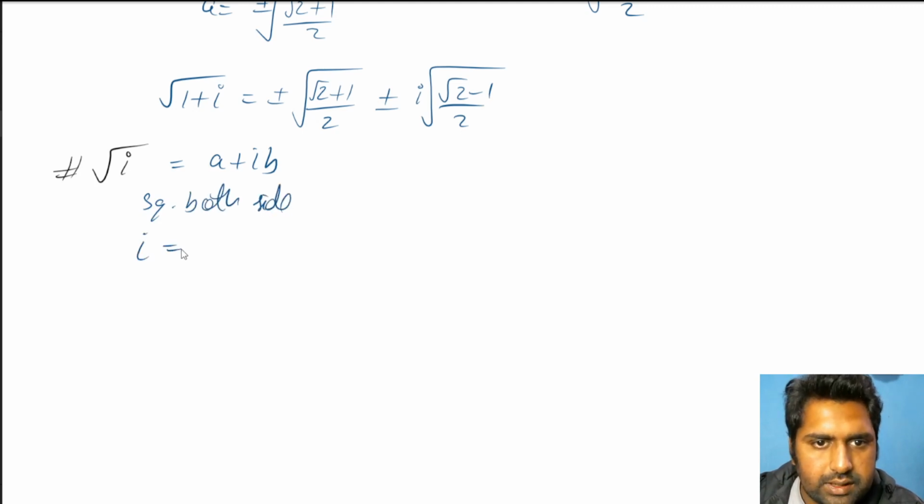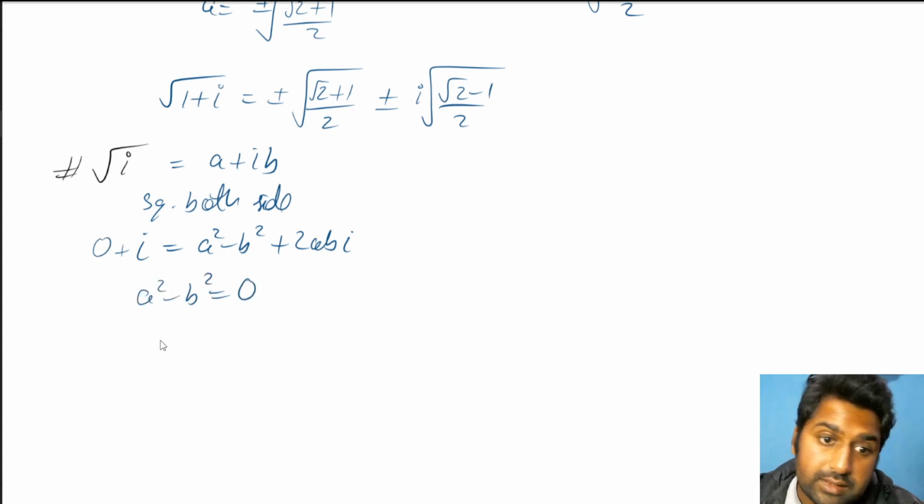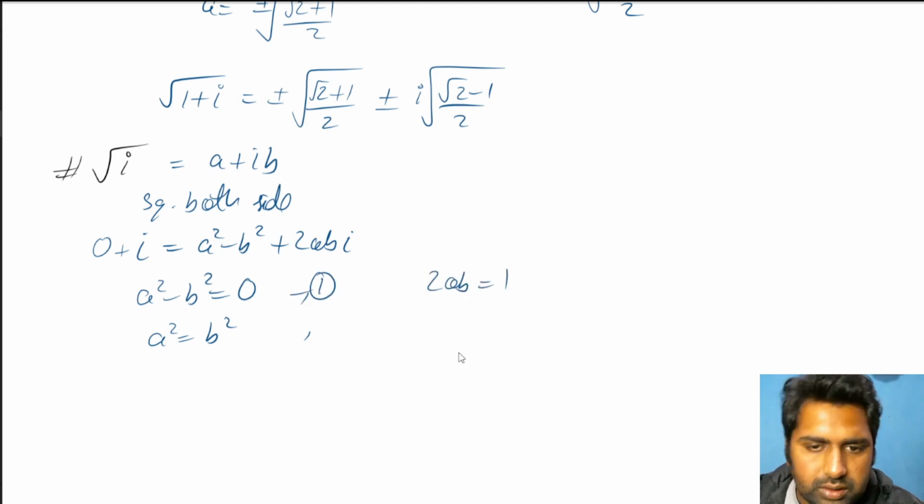So iota is a square minus b square plus 2ab iota. Now if you compare, there is no real part, so you'll get a square minus b square equal to 0. That gives you a very interesting a square equal to b square. This is the first equation, and for the second equation you get 2ab equal to 1.